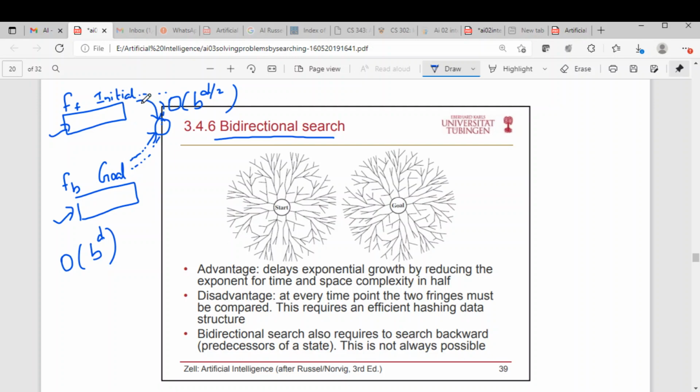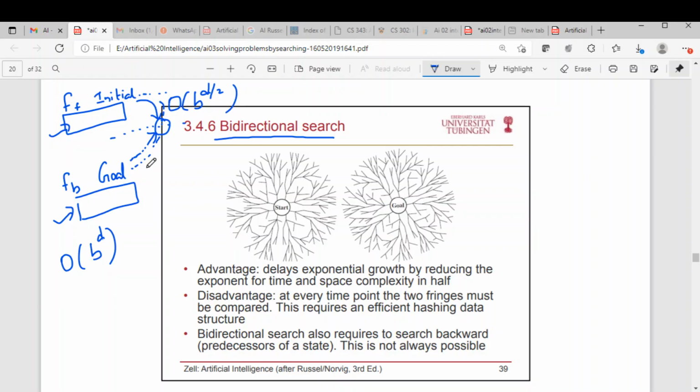Now this forward search will not go towards the full depth. It is expected to complete at the mid. So instead of order of b to the power d, it becomes order of b to the power d by 2.